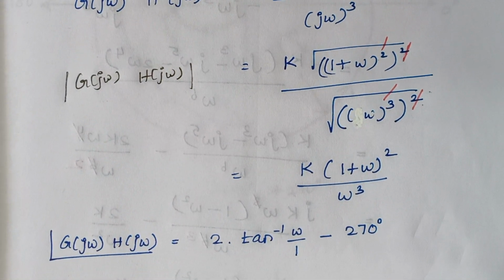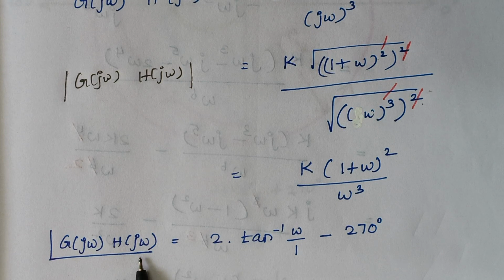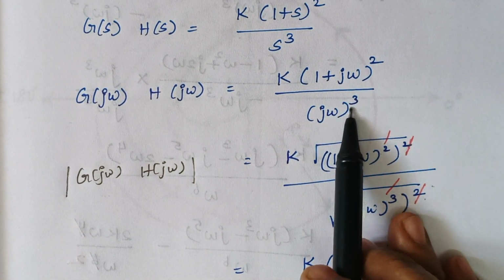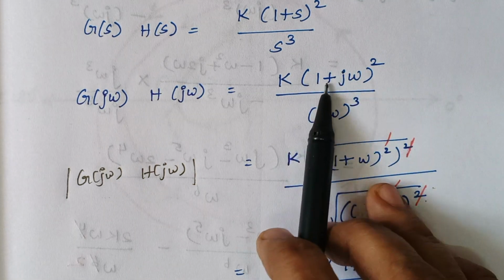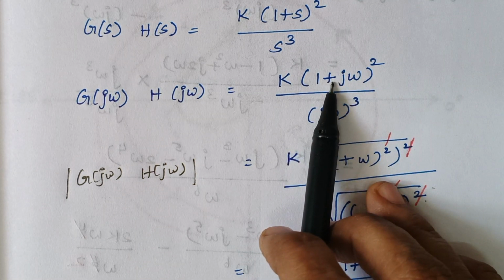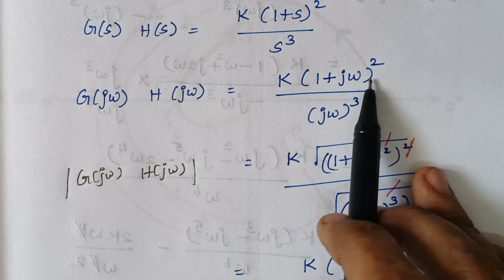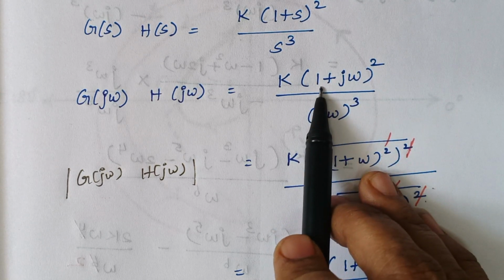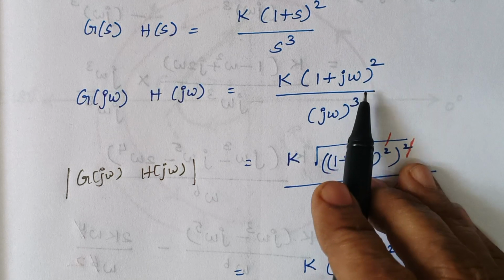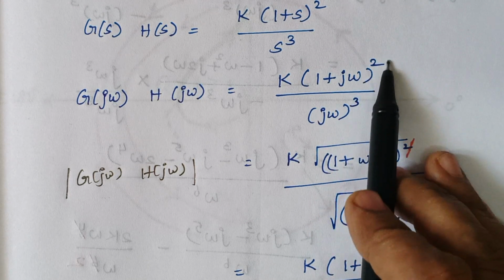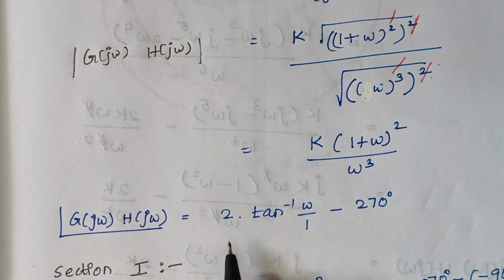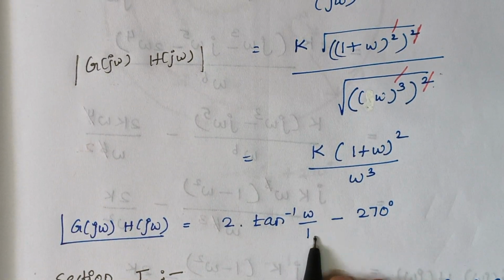Now we are going to find the expression for the phase angle. Look back here. How to write the expression? Tan inverse of imaginary coefficient divided by real term. Here the imaginary coefficient is omega and the real term is 1, so tan inverse of omega by 1. Since we have a square, we write it as 2 into tan inverse of omega by 1.